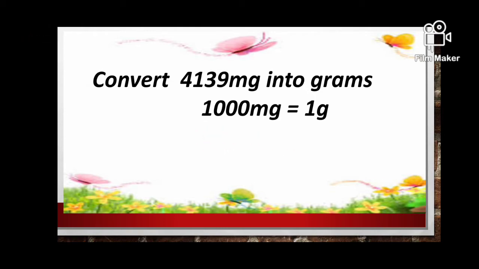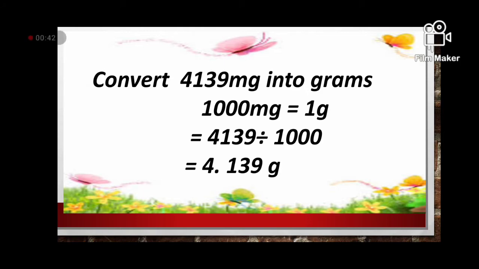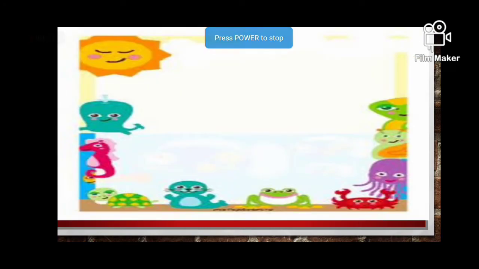So we will divide 4139 by 1000. Then we will get 4.139 grams.